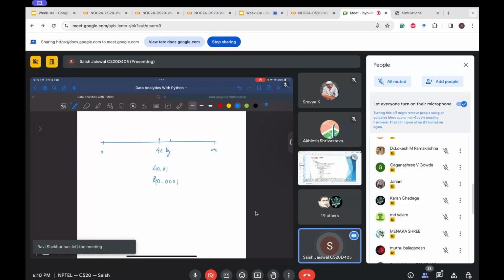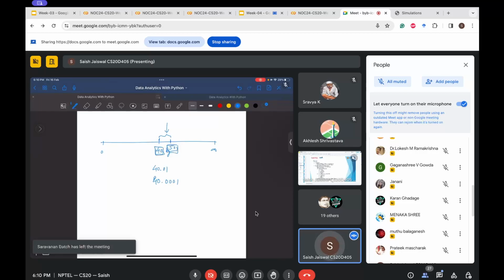We generally measure in discrete values like 40, 50, 60, 70, and so on. But between these two numbers, 40 and 50, there are actually infinite numbers present. So we cannot simply take 40 and 50 and quantize this.